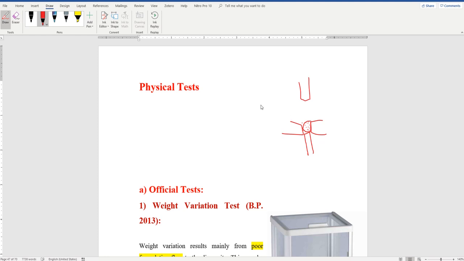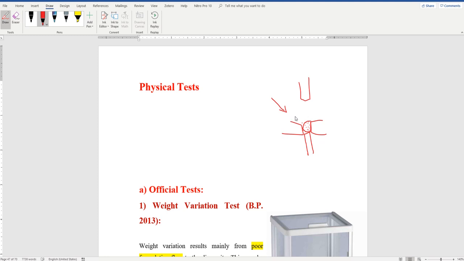Well, one of the reasons for variation in the amount that comes here, or the most important reason, is the flow of the powder. If powder or formulation flow is not excellent or very good, then there will not be consistent filling of this die cavity. What does it mean?